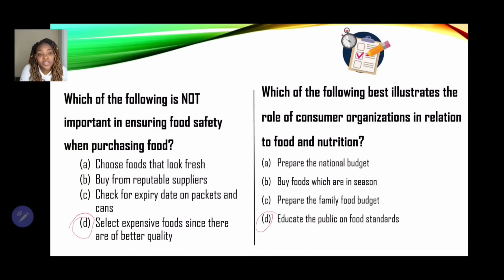So when we speak of consumer organization, we may speak of Bureau of Standards, right? So Bureau of Standards ensure that there's always quality products for customers on the market. When we speak of Customer Affairs Commission, these are the persons that educate consumers on their rights and responsibilities.